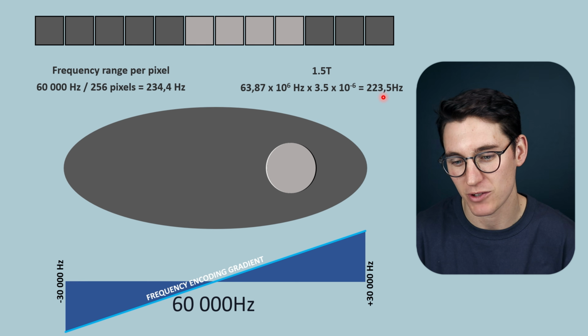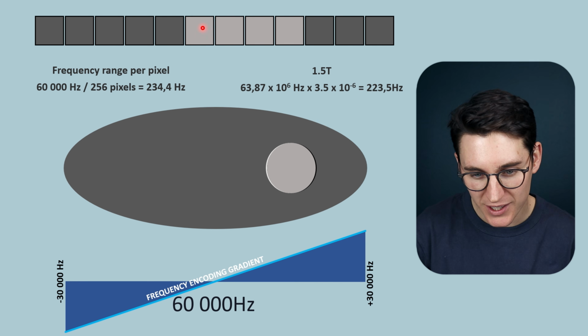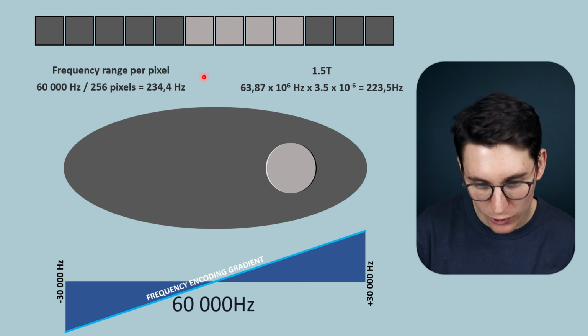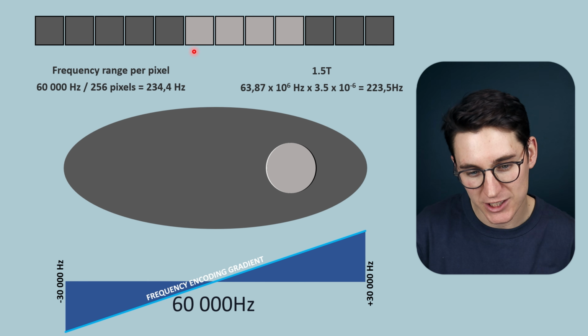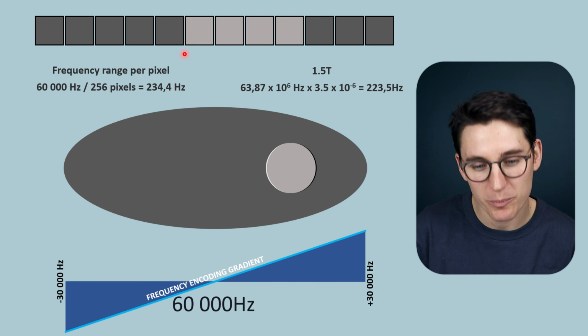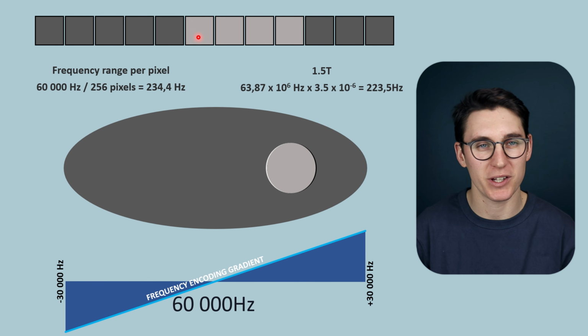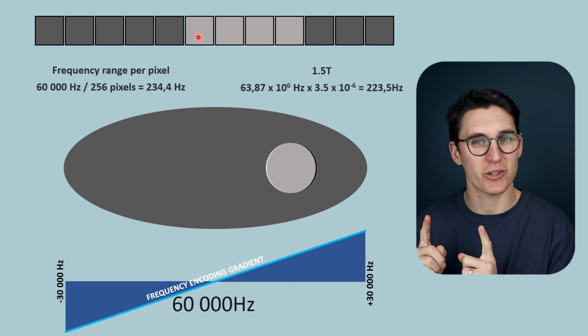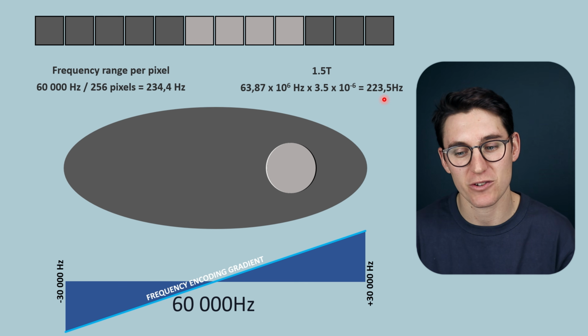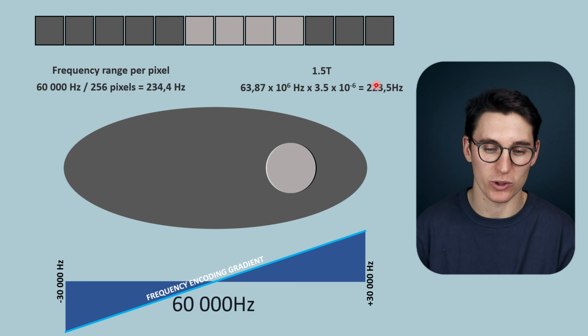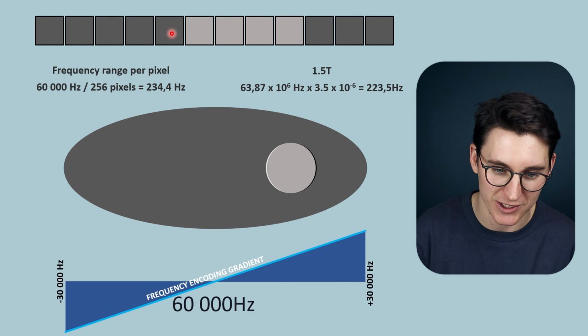It's 223.5 hertz. Now signal coming from this location on the x-axis from fat is only going to misregister 1 pixel to the left. The signal coming from here, our machine's going to detect it at a specific frequency. It's going to be 223.5 hertz less than water, and it's going to register this signal as coming from here.